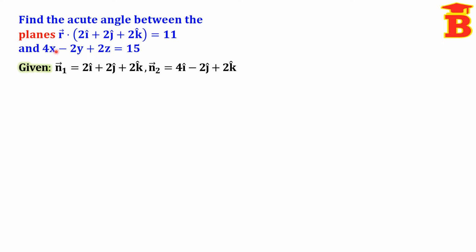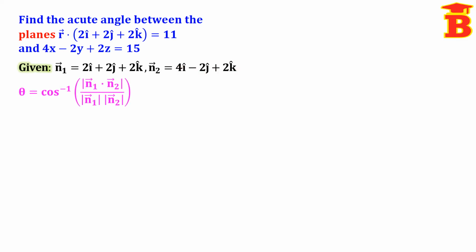And from the second plane, the numbers of x, y, z are 4, minus 2, 2. So the second vector is n2 vector equal to 4i minus 2j plus 2k.